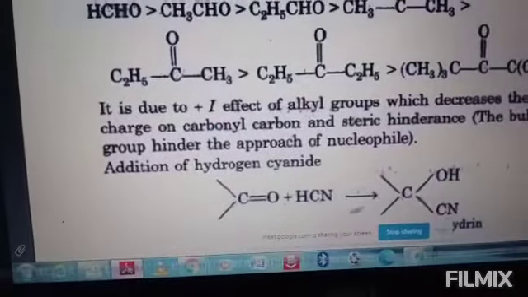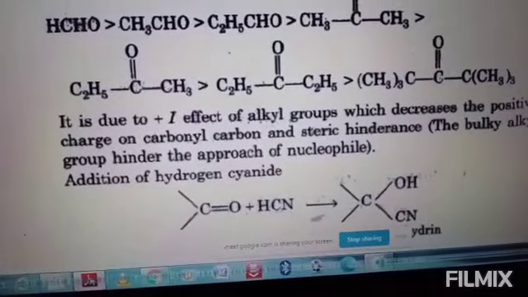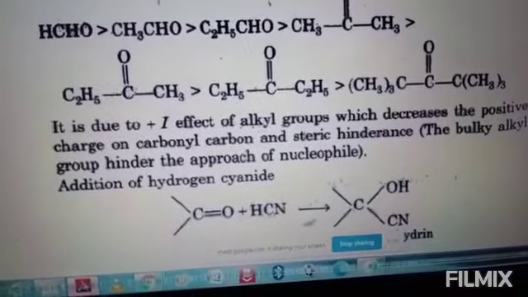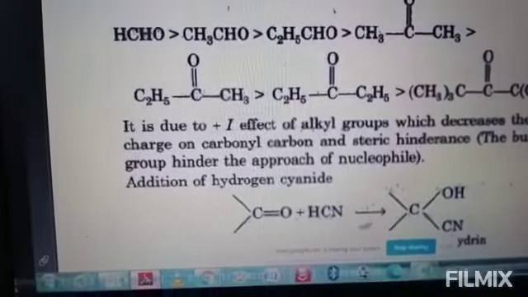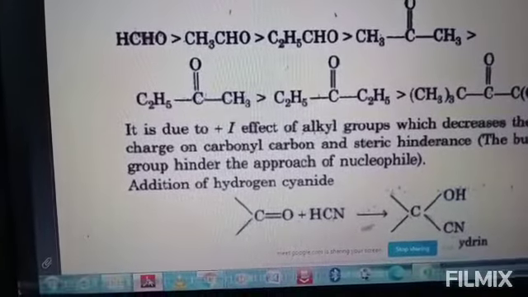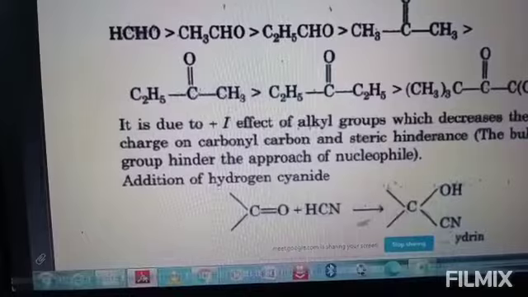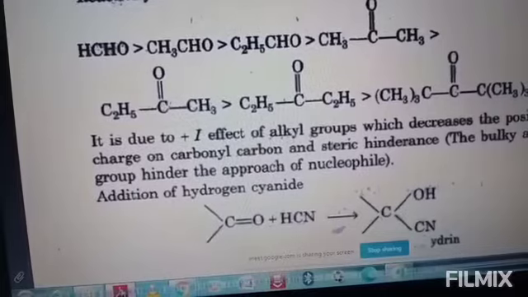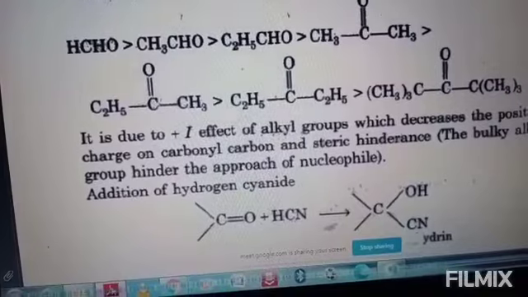So if we talk about this reactivity, as I have already told, there are two reasons. One is what we call the steric effect. In the case of the steric effect, I have already told that this steric effect is nothing but the charge effect. If a bigger group is there, then because of the bigger group, the nucleophilic attack in the slow step becomes difficult, and due to that, ketones have lower reactivity than aldehydes.